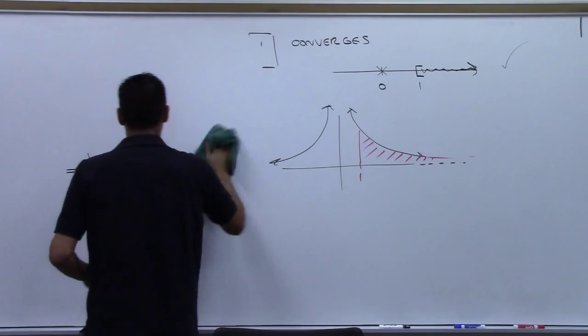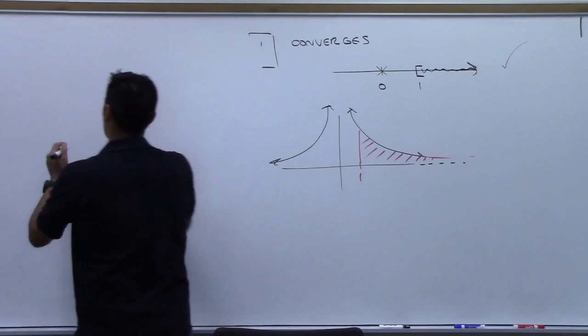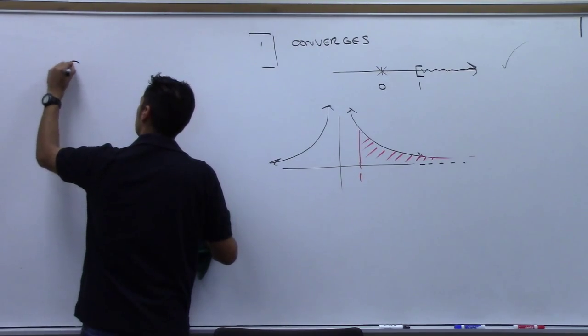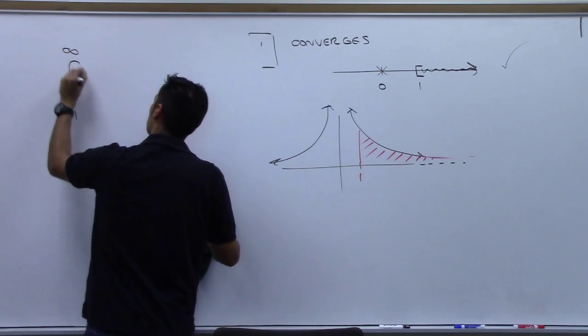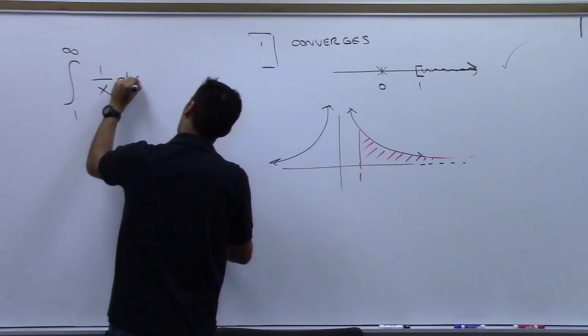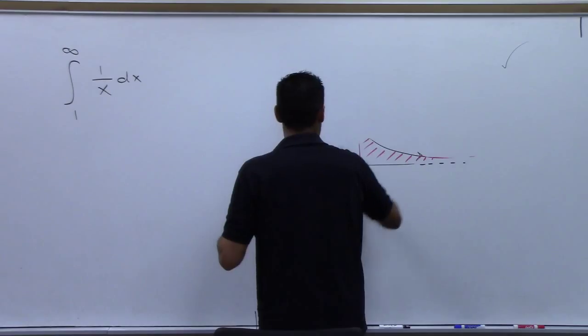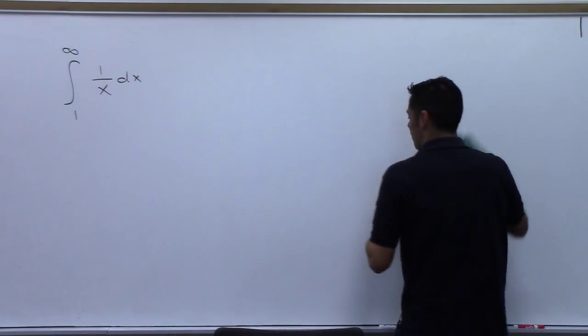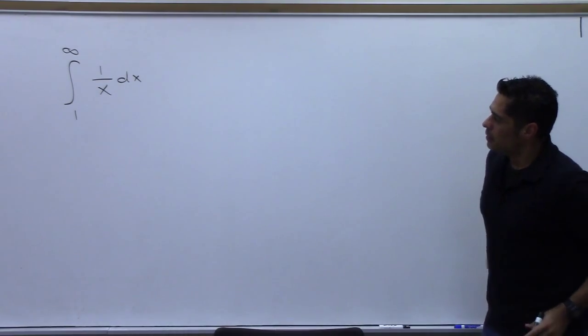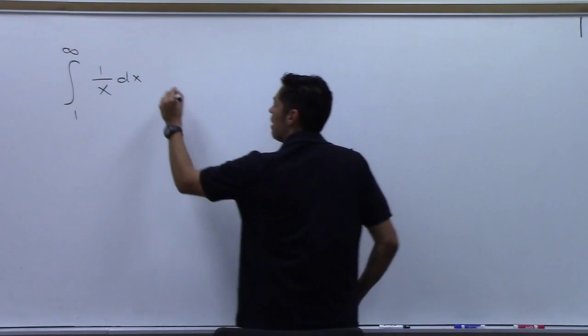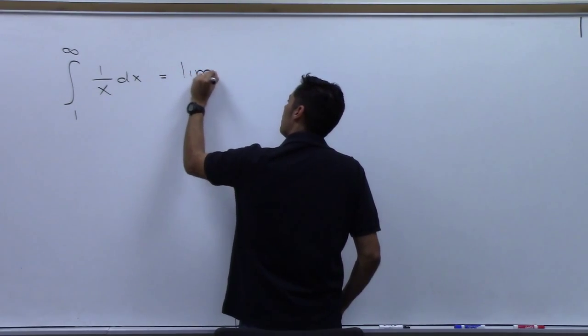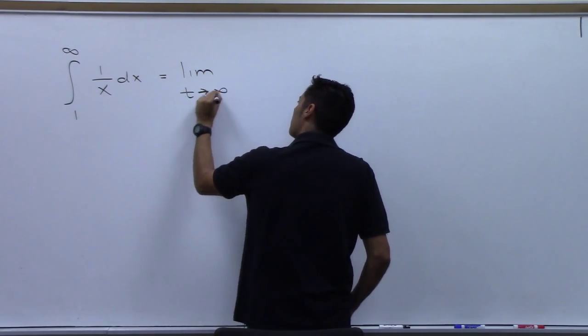1 over x. This one will go quick. Same interval. I'm going to convert that first to a limit. I'm going to let t go to infinity.